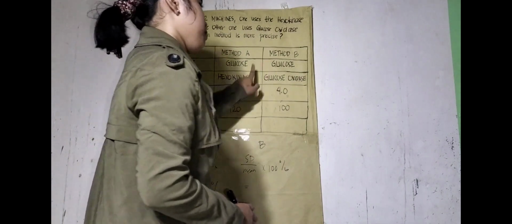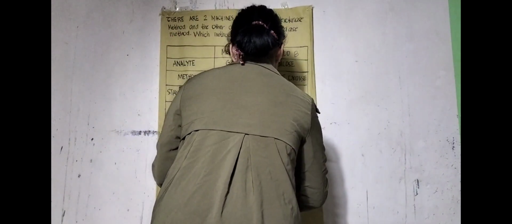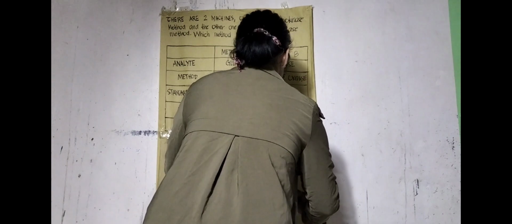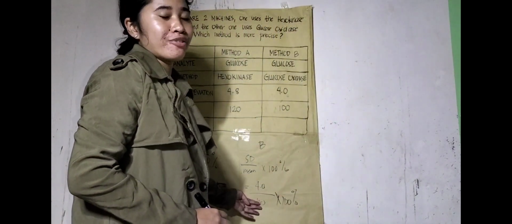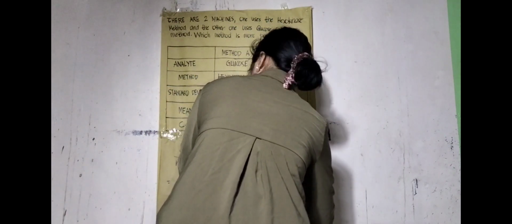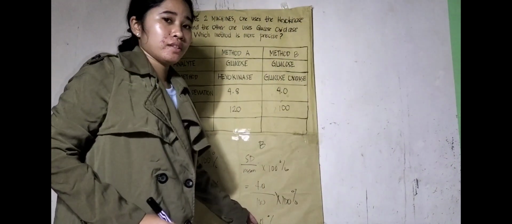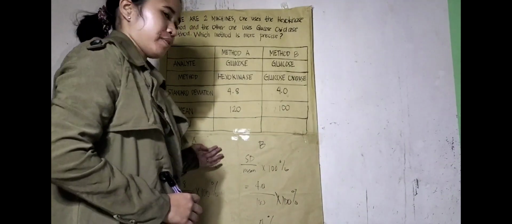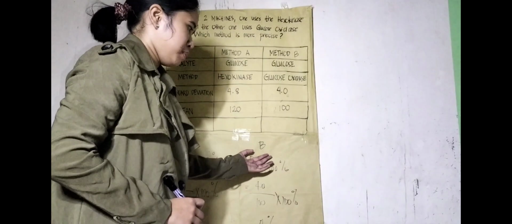The standard deviation is 4.0 for method B and the mean for method B is 100. So 4.0 over 100 times 100% is equal to 4%. As you can see, 4% for method A and 4% for method B.